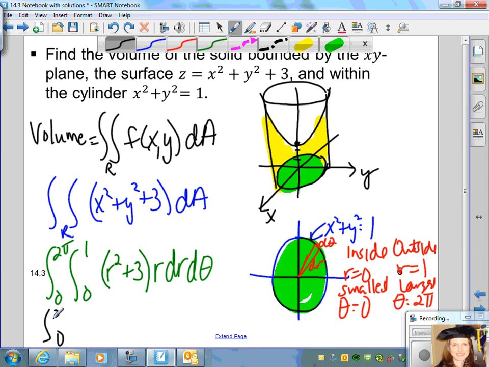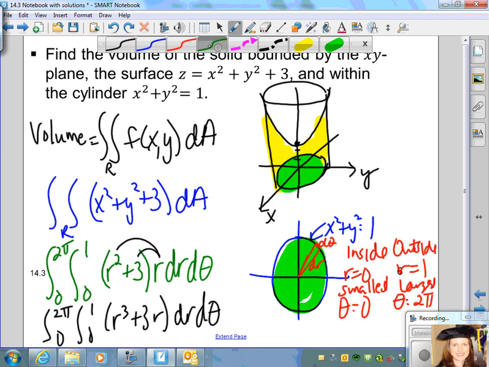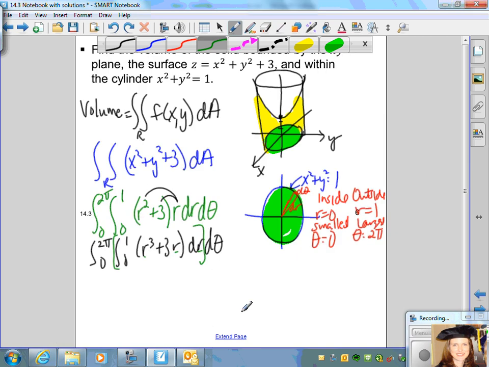Okay, now if we distribute that r, we can then evaluate that inside integral. So this would be r to the third plus 3r, dr d theta. When you do the inside integral, it's in terms of r. You treat r as a variable and treat theta as a constant.